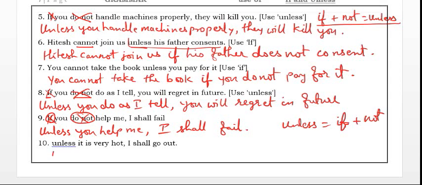So if it is not very hot, I shall go out.